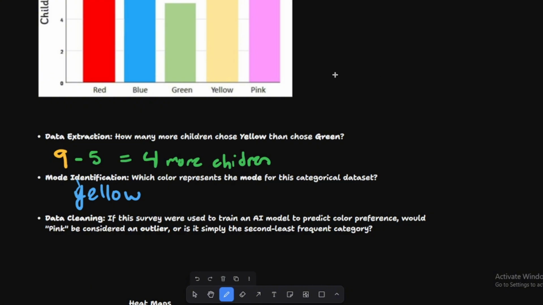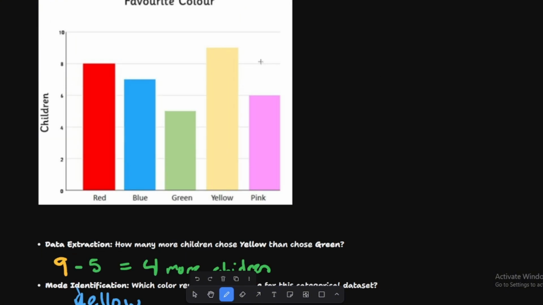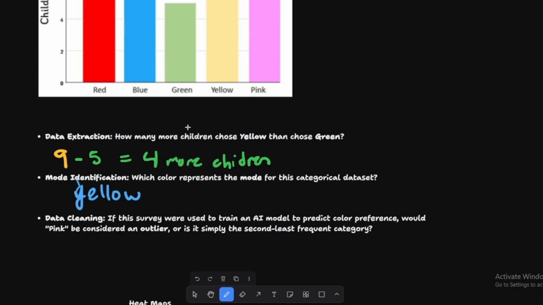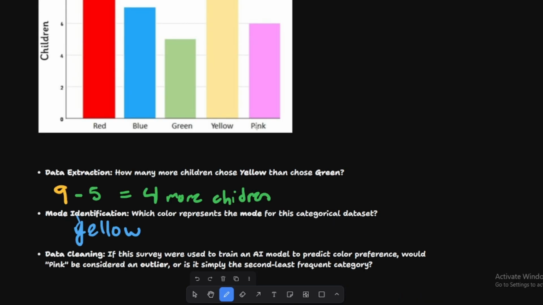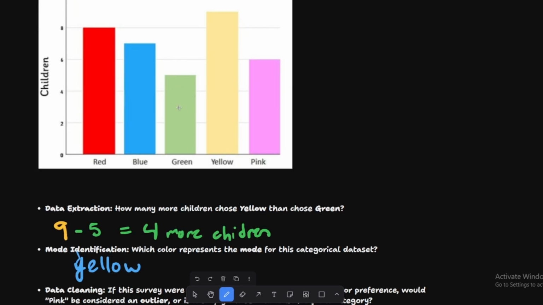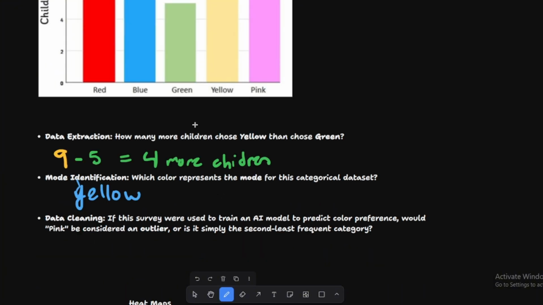If I saw a number of children like 500 or 1,000 when most other colors are low, I would likely assume that it is an outlier. But here, pink is simply the second least frequent category because green is even lower than it. So pink represents kind of a middle area, which doesn't imply any outlier whatsoever.